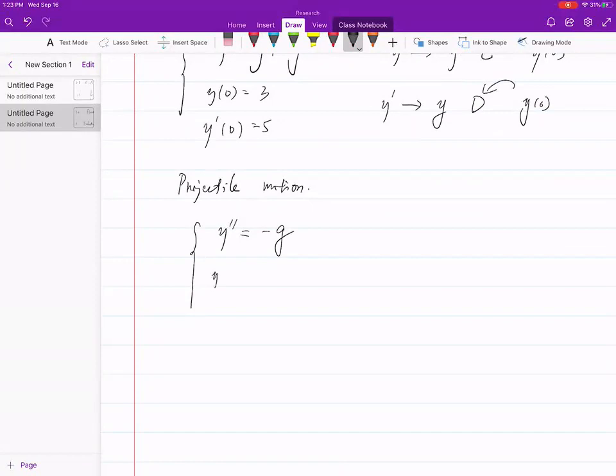But then you need to tell me the initial displacement, 3, for example. The second one is going to be the initial velocity, which is 5. Okay, that will be a complete problem in physics. From here, you can see, wow, when you solve it, there's no more constant because these two conditions are going to help you find C and D.